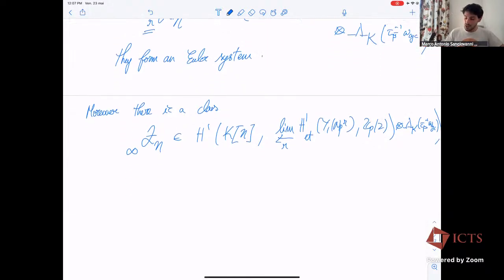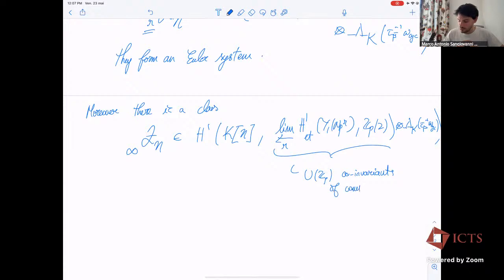Okay, so this is basically, so actually it's exactly the U Z_p coinvariance of completed Borel-Moore homology.